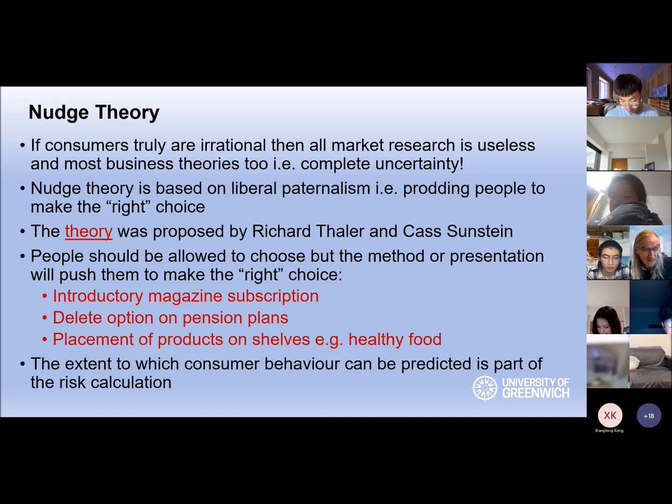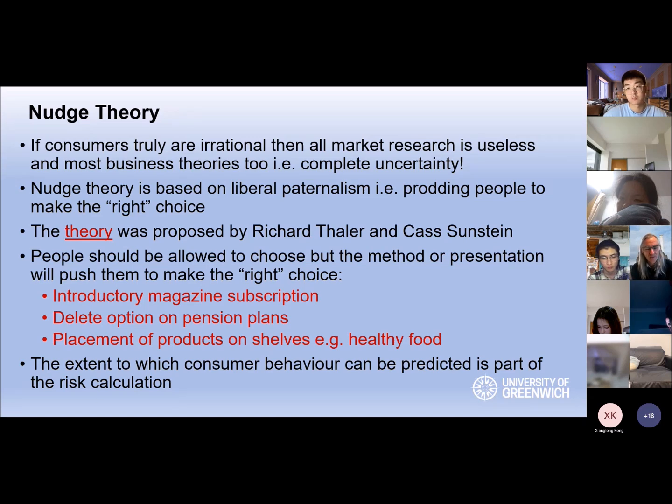Perhaps because you're already rich, perhaps because you've only been given 6 months to live and you're not going to be retiring, whatever the reason is. And what they found was that then 80% of people would keep the pension, and only 20% would decide to turn it down. So this is an example of nudge theory helping people to do the right thing.